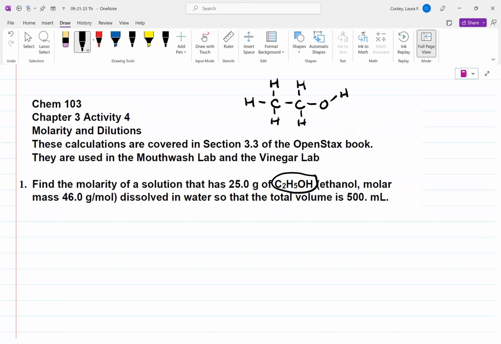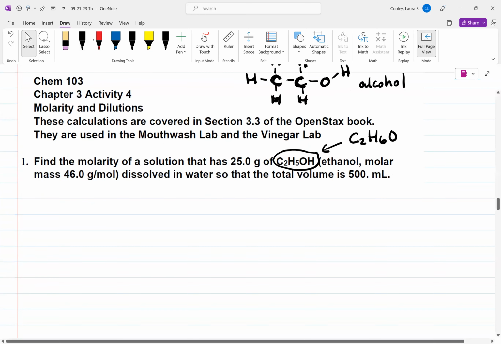You can see that there are 2 C's and 5 H's attached to those 2 C's, C2H5, and then there's an O attached to an H. This makes it an alcohol. So that's one way of writing the formula, but you would also write it as C2H6O. You would combine this H with the other H's, so you could write it either way.